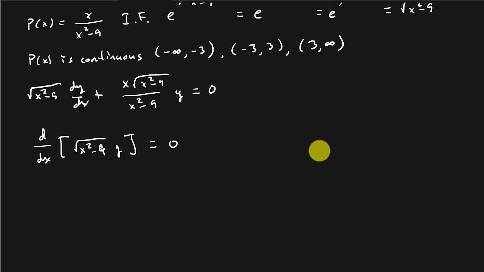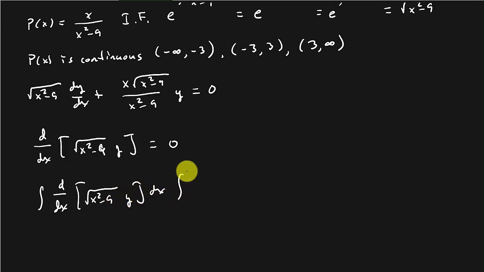All right. And so if we integrate this, we get square root x squared minus 9 y equals the integral of 0 dx. And so that's going to give us the square root of x squared minus 9 y equals c.